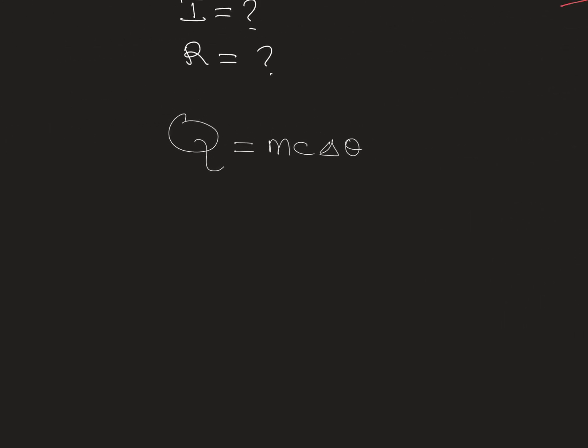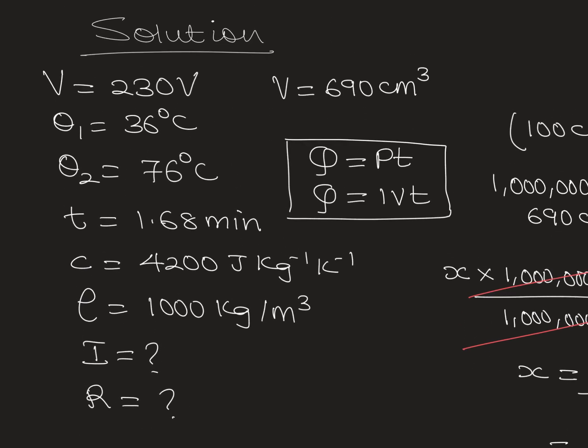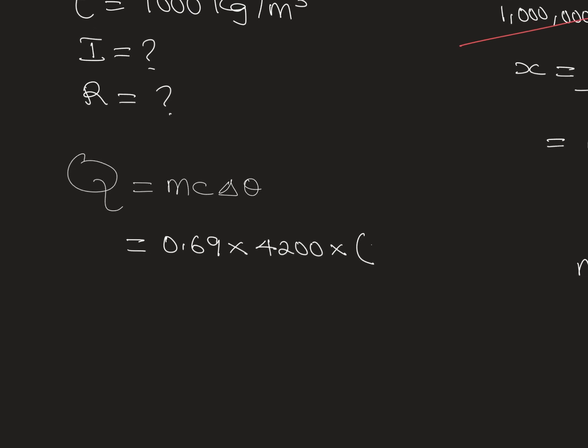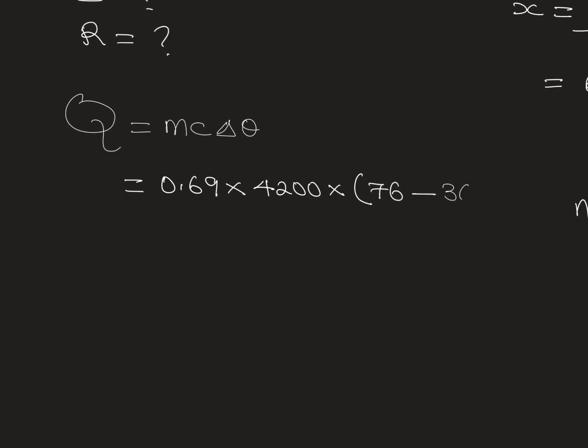Okay, so we can now use the formula Q is equal to mc delta theta to find the quantity of heat first. The mass is 0.69 times the specific heat capacity of water, 4200, times delta theta, which is theta 2 minus theta 1. Theta 2 is 76 degrees Celsius minus theta 1, 36 degrees Celsius.